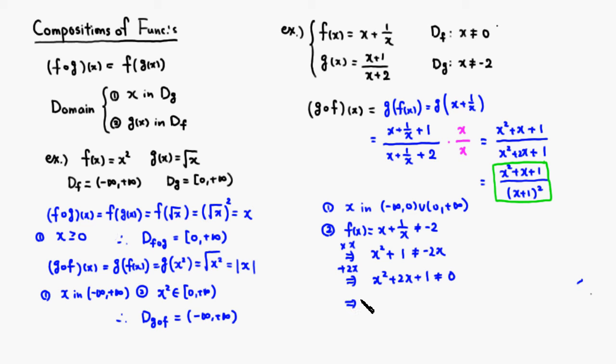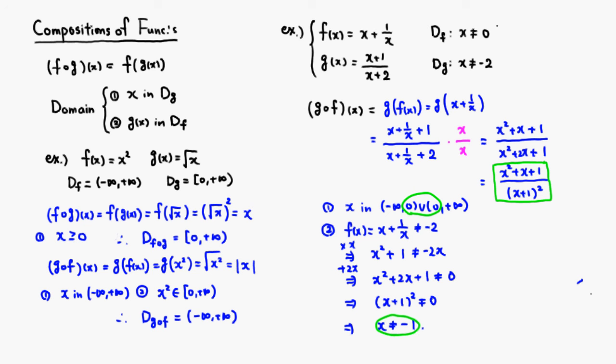And we can factor this guy. So x plus 1 squared cannot be equal to 0, which means that x cannot be equal to negative 1. All right, so we have to eliminate 0, and also we have to eliminate negative 1.